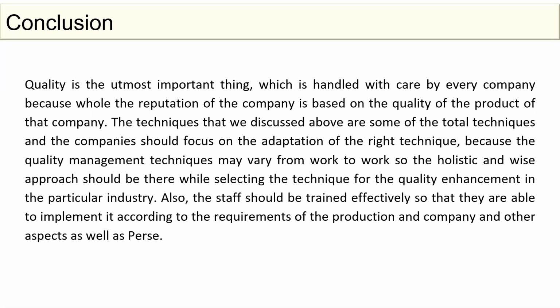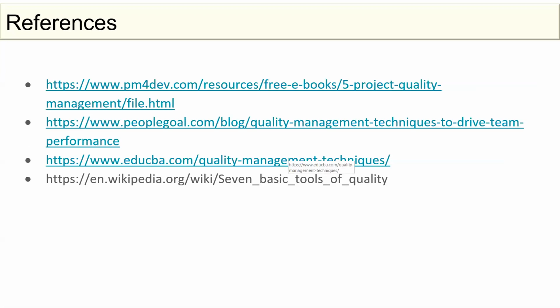Also, the staff should be trained effectively so that they are able to implement it according to the requirements of the production and company and other aspects as well. These are the references.